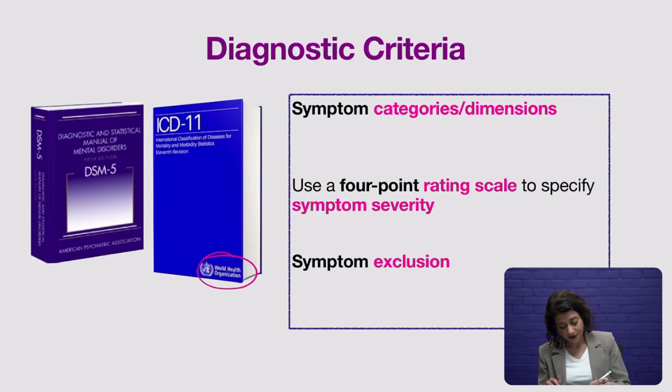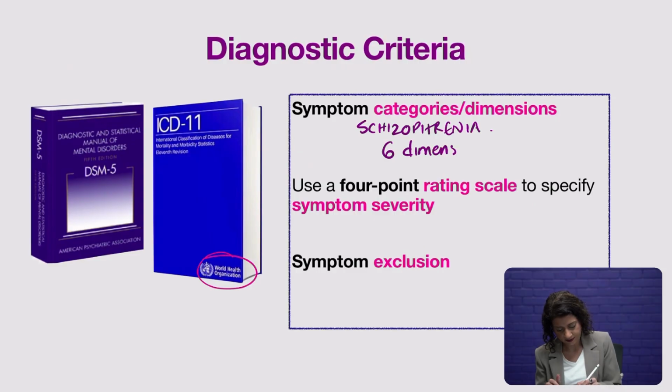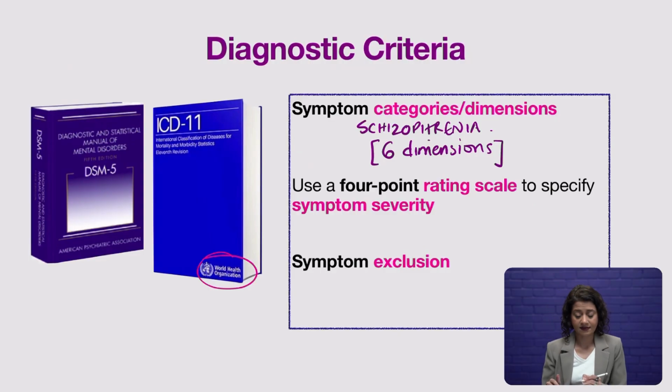But what you should know is that within the ICD, the way diagnosis is made is that for schizophrenia, the clinician has to look at 6 dimensions of symptoms, or rather symptoms are ranged across these 6 dimensions, and within each dimension there is a 4-point scale.